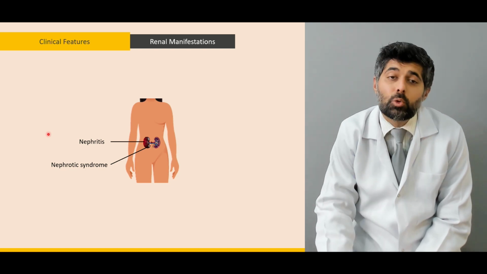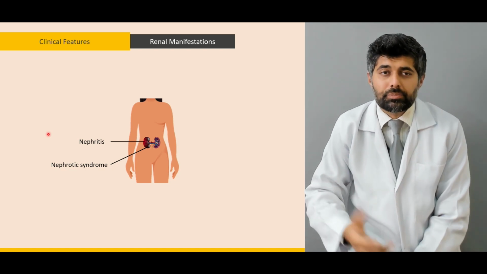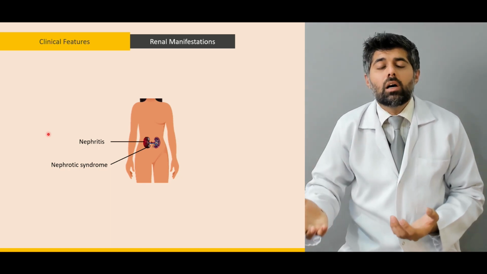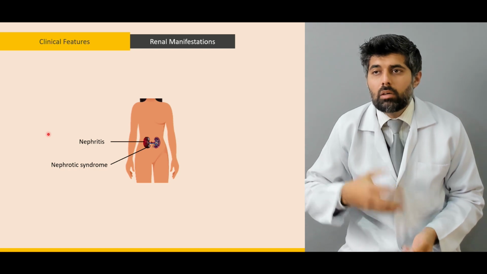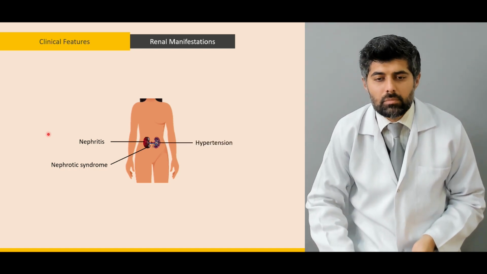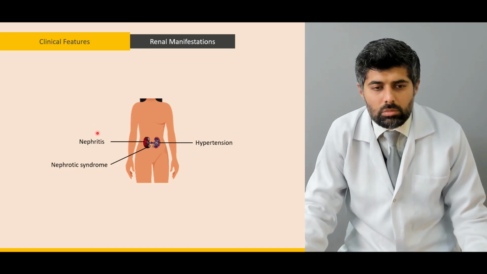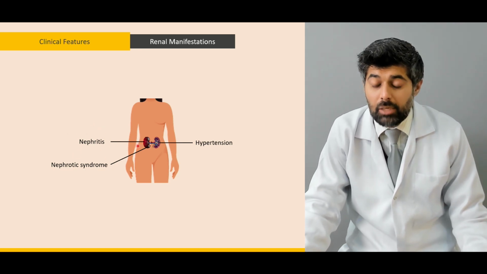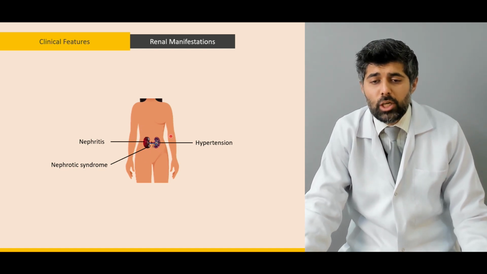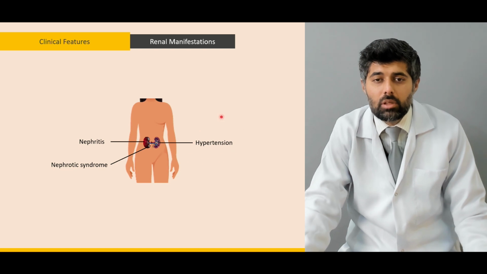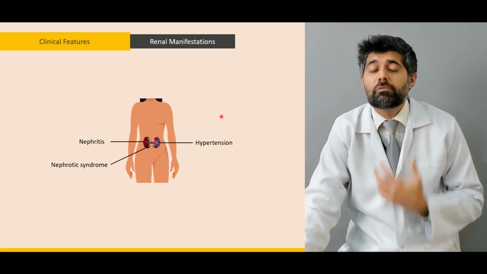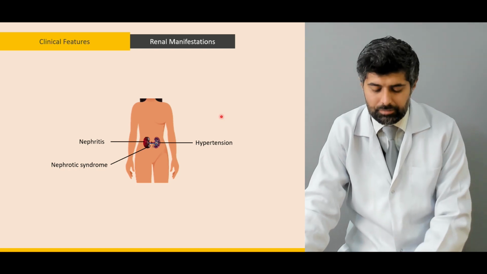Now, nephrotic syndrome is a term where there's a triad of albuminuria, hypertension, and dyslipidemia. Because of this nephritis, and because kidneys play a huge role in the regulation of blood pressure, in renal manifestation, hypertension is very commonly seen.